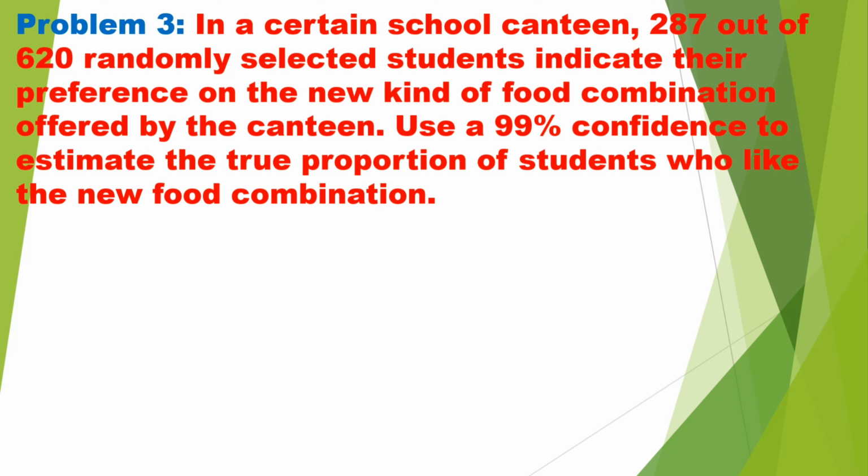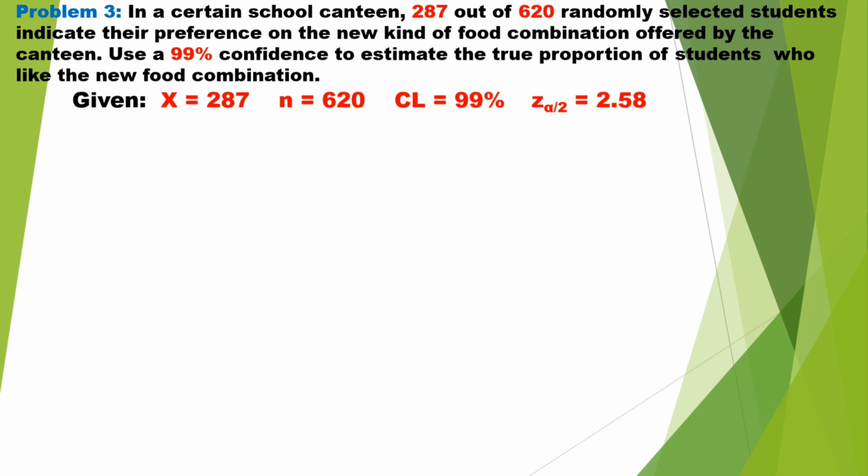Use a 99% confidence to estimate the true proportion of students who like the new food combination. Again, for our given, the X value is equal to 287, sample size is 620, the confidence level to be used is 99%, whose equivalent Z alpha over 2 is 2.58.